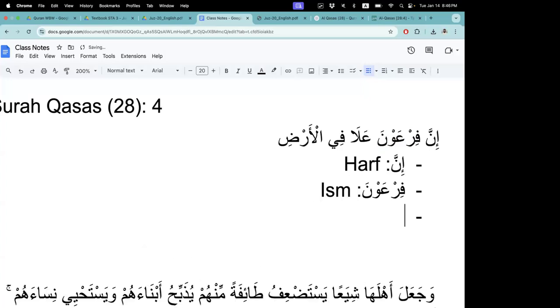Now the next word is ala. A great question here: the ism Fir'aun doesn't have al or tanween, but you told us an ism has al or tanween.